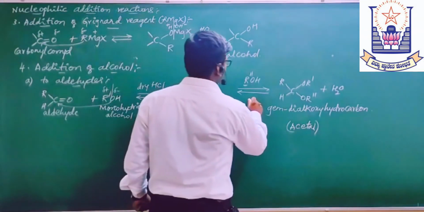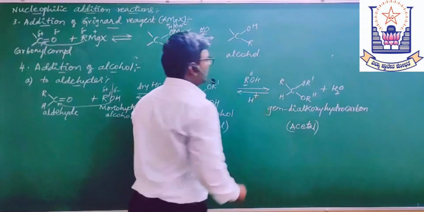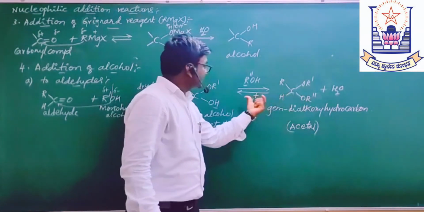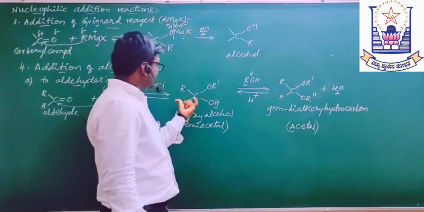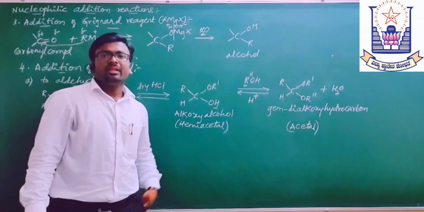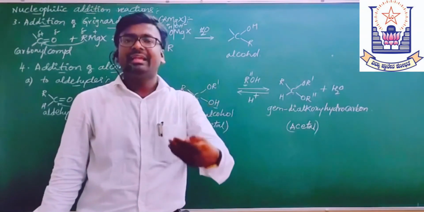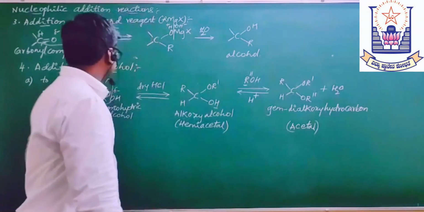For example, I will show it by H plus. In the reverse order, when this compound is treated with H plus it gives back this, and this gives back the original products. Okay. Let us discuss the addition of dihydric alcohols to ketones.